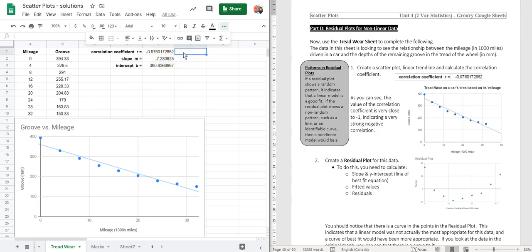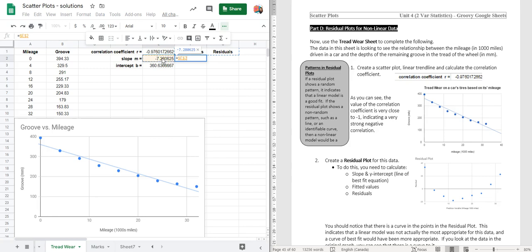Those are the values that will give us our line of best fit. So in here, we're going to get our fitted values and our residuals. For the fitted values, remember it's y equals mx plus b. So you don't need to put the y, but there's the equals. The m is the slope.